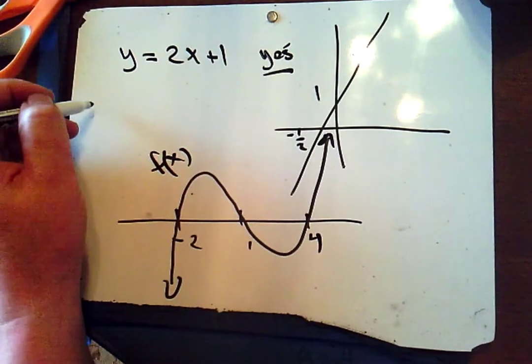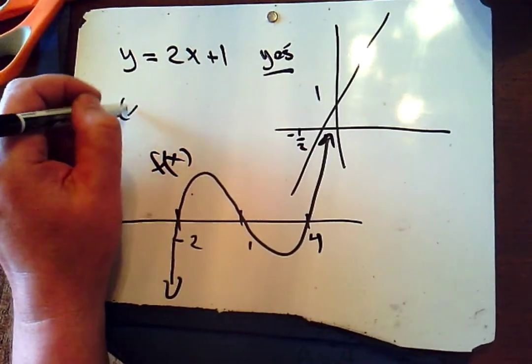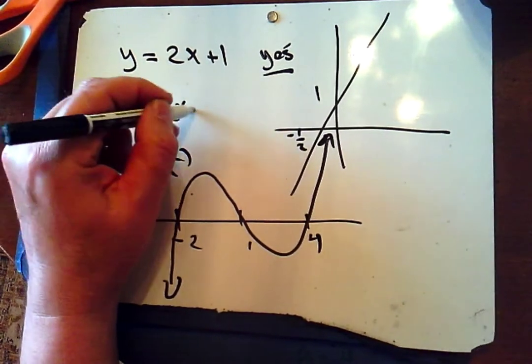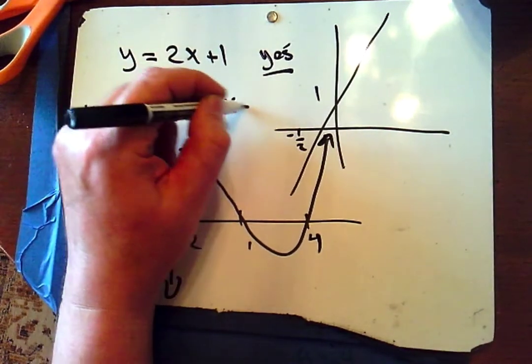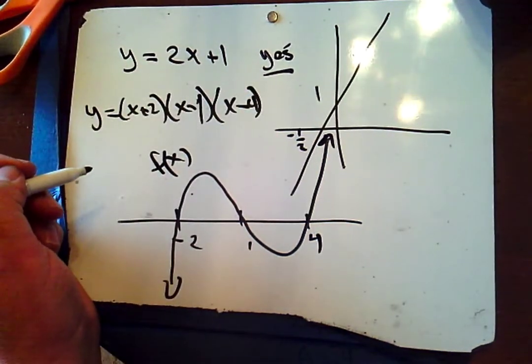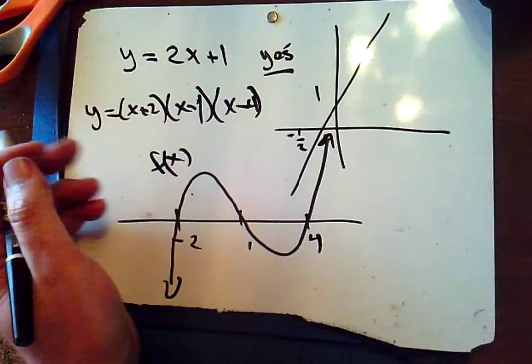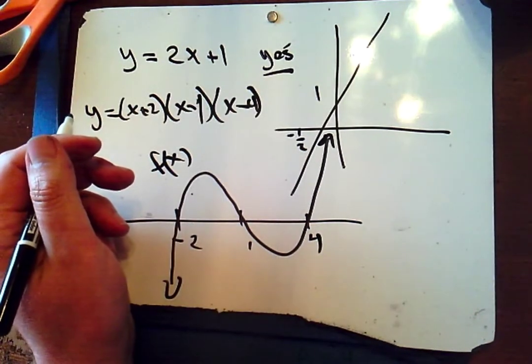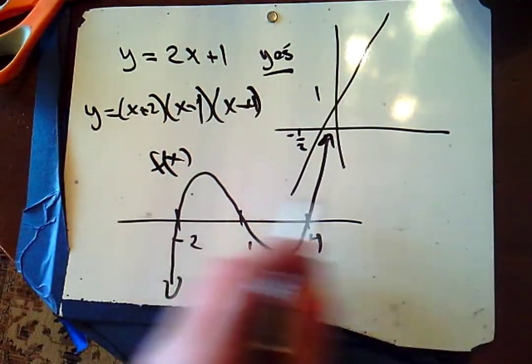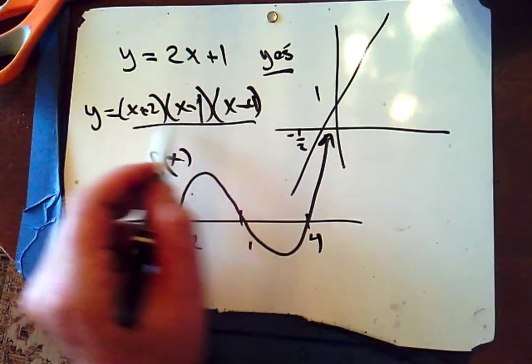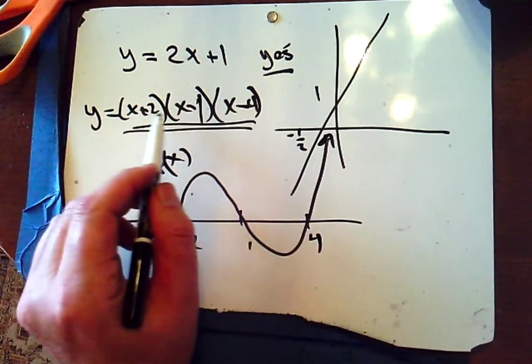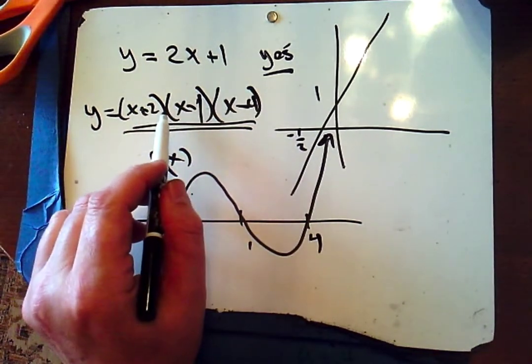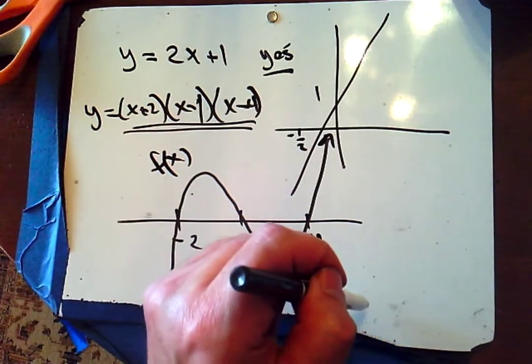So even though I could tell you y equals x plus 2, x minus 1, and x minus 4, I know what that is. That's a polynomial. I could even FOIL it out if I really had nothing better to do. But this is hard for me to determine whether or not this third-degree polynomial will pass the horizontal line test.